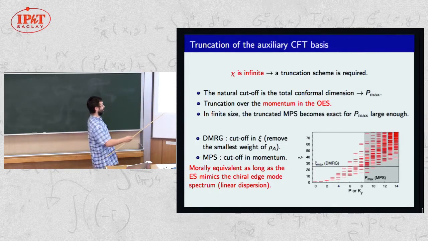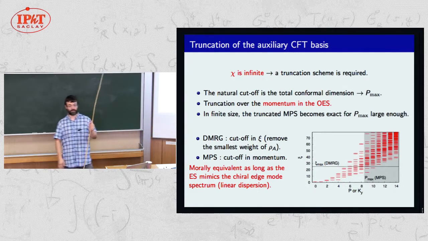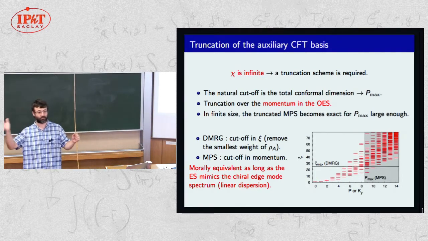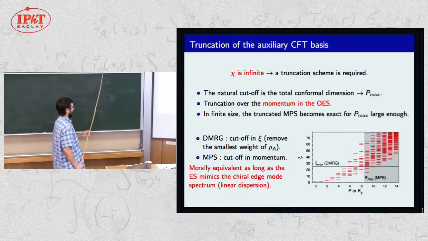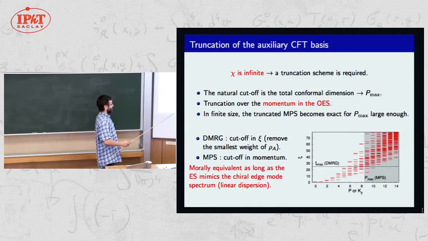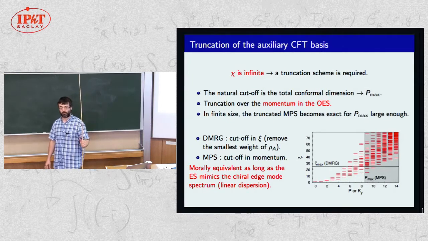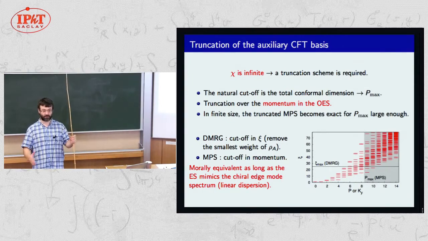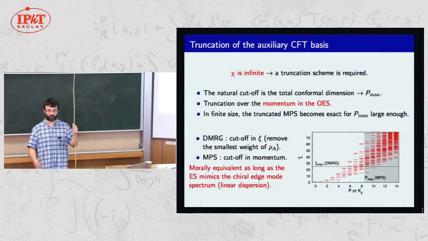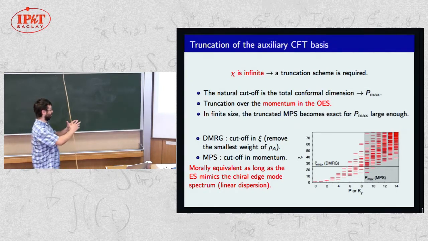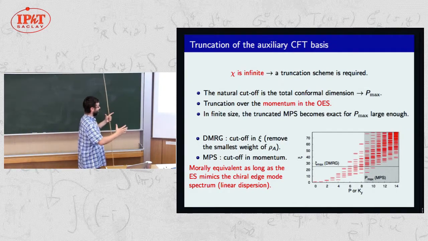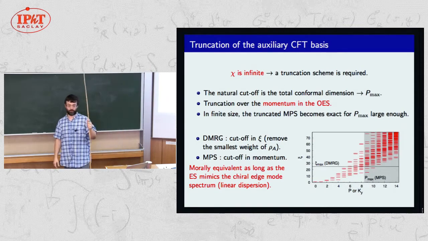So you're going to say, what we call Pmax, I'm going to remove all the conformal states that have some dimension higher than Pmax. And actually, when people do a numerical RG in CFT, called the truncated CFT approach, they do the exact same cutoff. As long as the cylinder is not too big, that's a good approximation. And as you make your cylinder L bigger and bigger, you're going to need to increase your truncation.